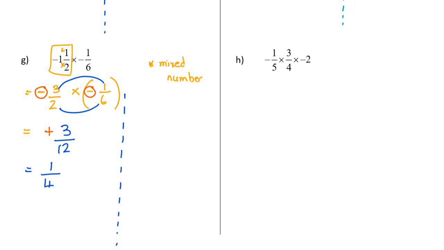So our second way to do it would be to say negative 3 over 2 times negative 1/6. Of course, the negative times the negative is a positive, so I don't have to worry about that. 3 divided by 3 is 1. 6 divided by 3 is 2. And now top times top, 1. Bottom times bottom, 4. And I get exactly the same answer.